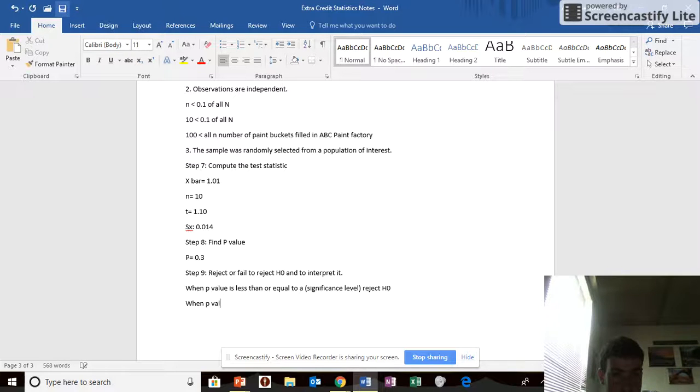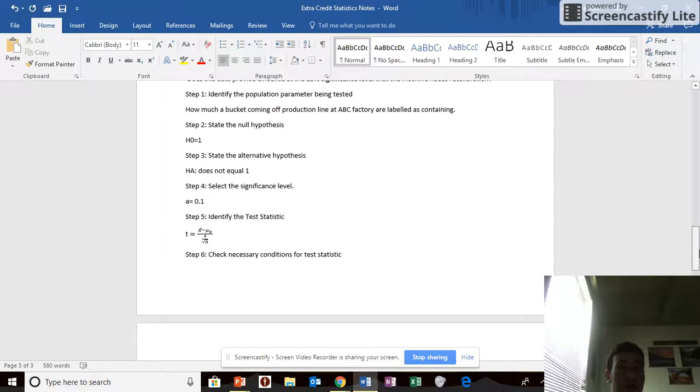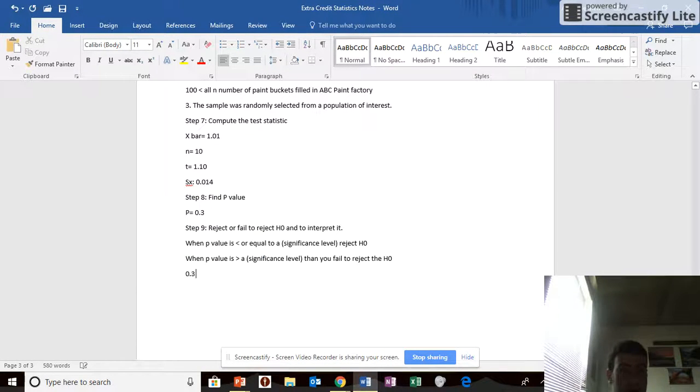However, when the p-value is greater than alpha or significance level, then you fail to reject the null hypothesis. So in this case, our p-value of 0.3 is greater than our significance level of 0.1 that we found back in step 4.